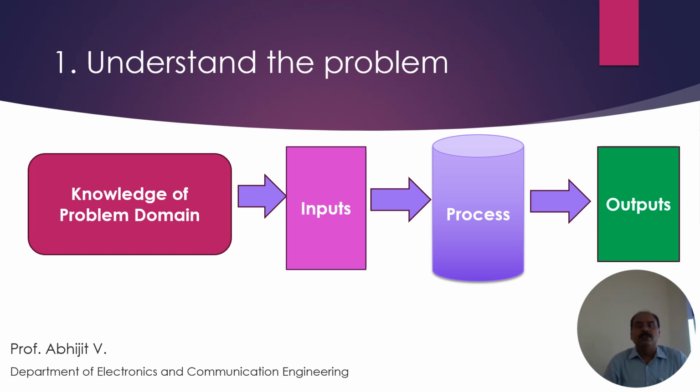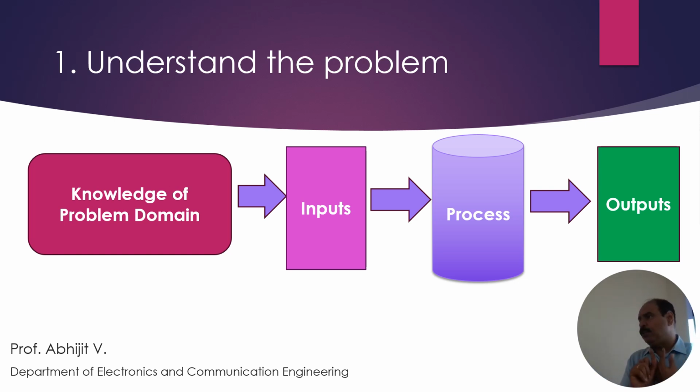Understanding the problem consists of a few important steps or things that you need to do. First is that you should understand the domain in which the problem lies. There would be different kinds of problems, engineering, non-engineering, and so on. So you need to understand which is the domain in which the problem lies. Second thing is analyze the inputs.